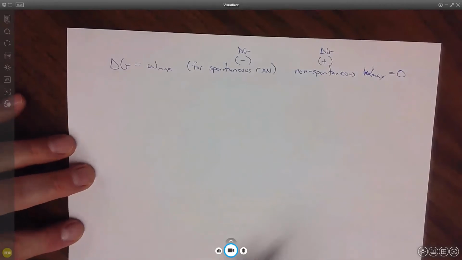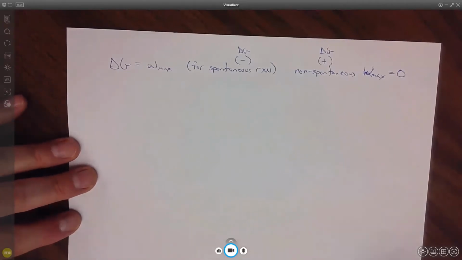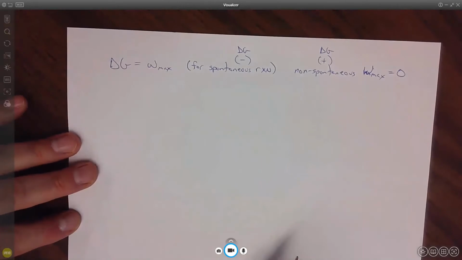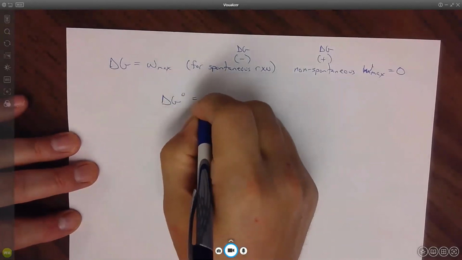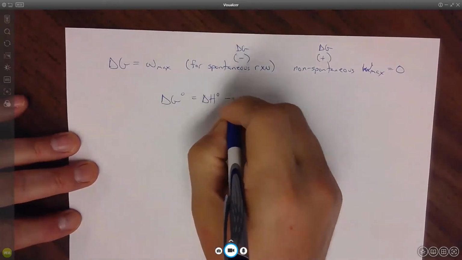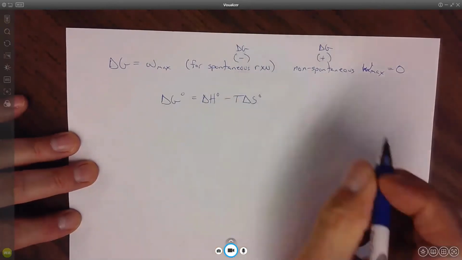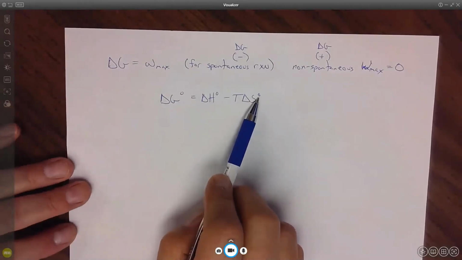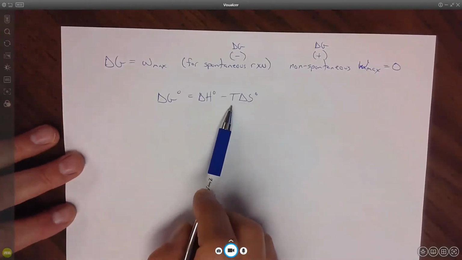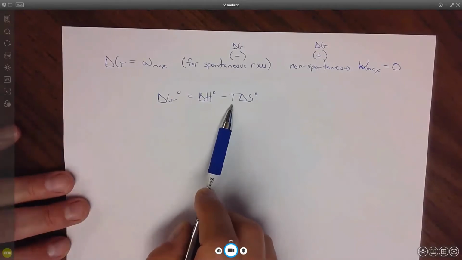Okay, we then also talked about reactions at non-standard temperatures, right? We had an equation relating the enthalpy change and the entropy change under standard conditions, so 25 degrees Celsius and 1 atmosphere, but what if we're not carrying our temperature out at exactly 25 degrees Celsius?